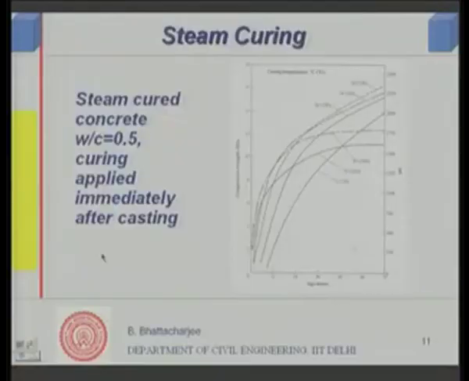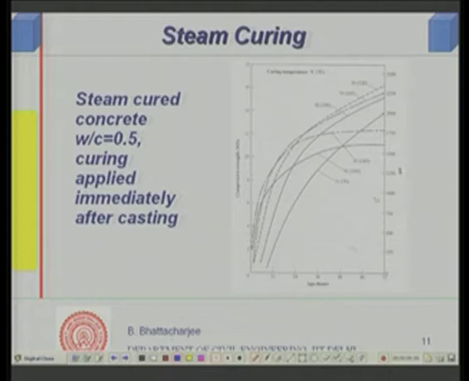Steam curing is done based on this, and as I said, initially we do not prefer it. This diagram shows what happens to steam cured concrete at a water to cement ratio of 0.5, with curing immediately after casting. If you see this, it is at 23 degree centigrade, this is at 91, this is at 85, and so on.